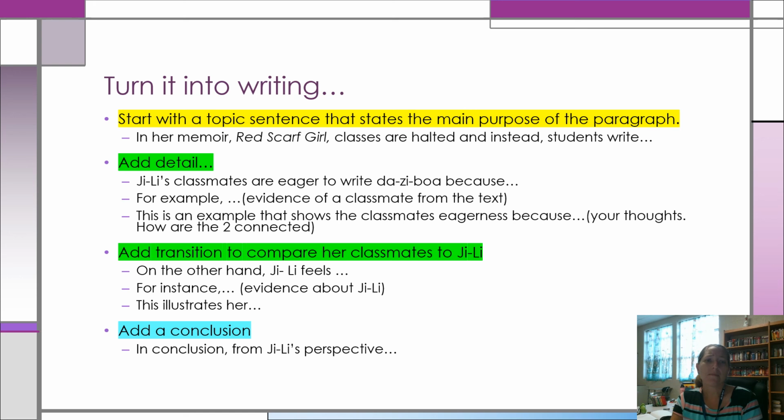Okay. And then connect it. So this illustrates her what? How are those two things connected? Okay. Then add a conclusion. In conclusion, from Ji-li's perspective, okay, what's the dazibao to her? What are her feelings? Okay, give her perspective on those things.